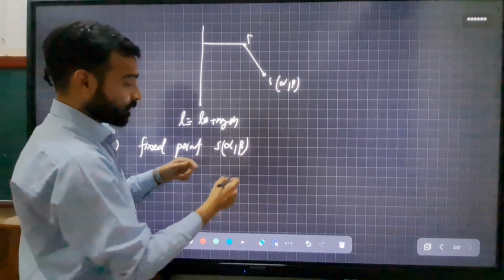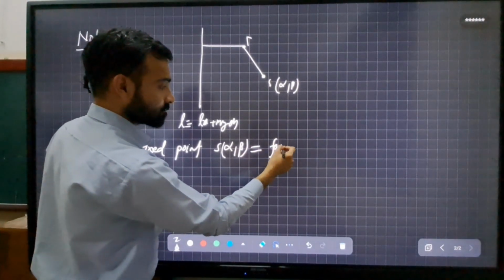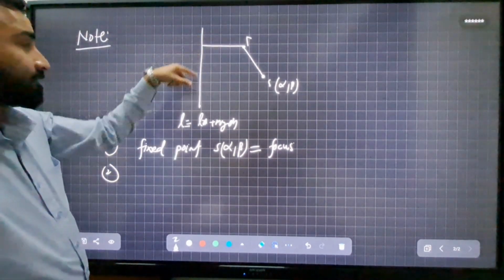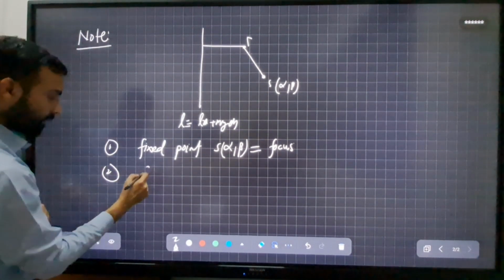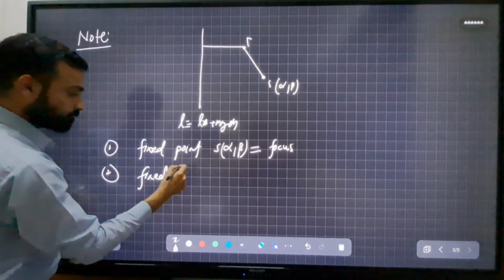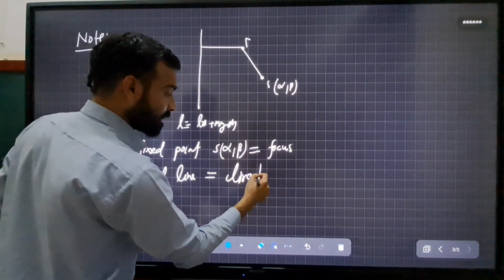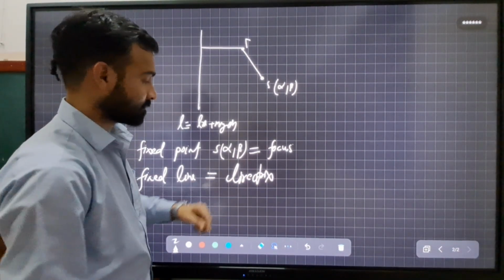The fixed point is called focus, right? Second thing, I have taken this line as fixed. The fixed line is called directrix. The name of the fixed line is directrix, right?